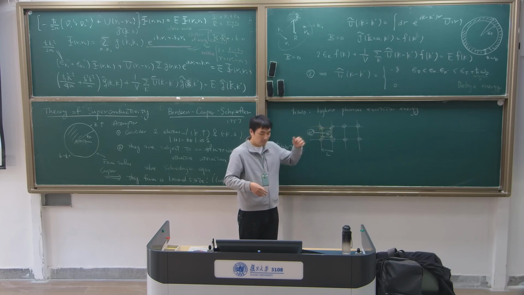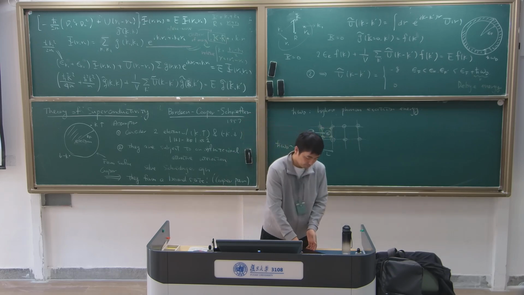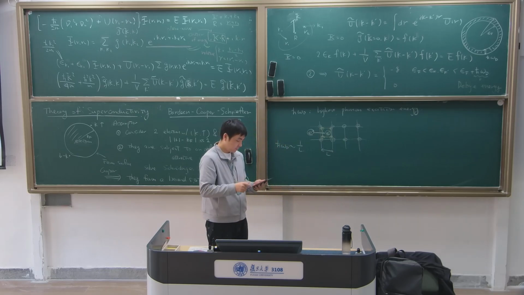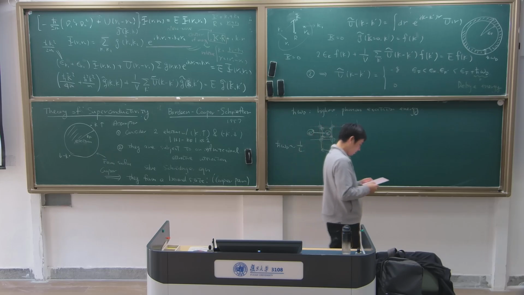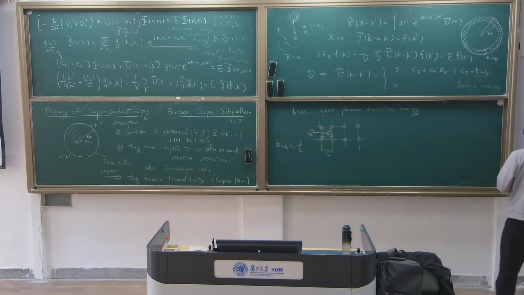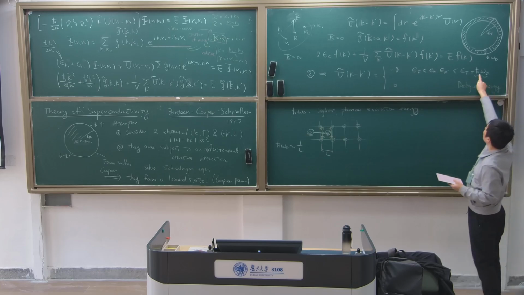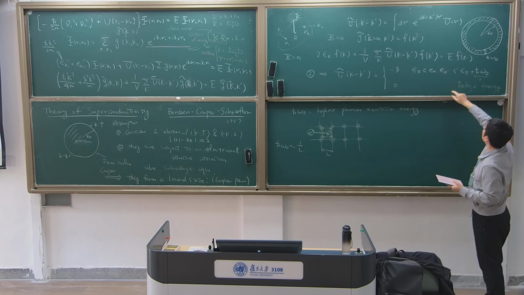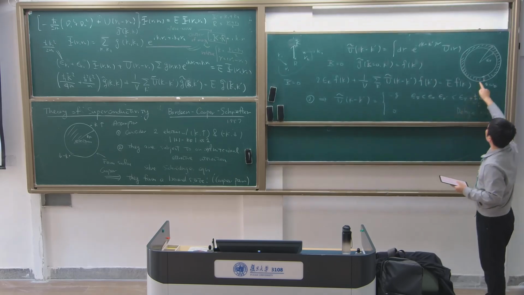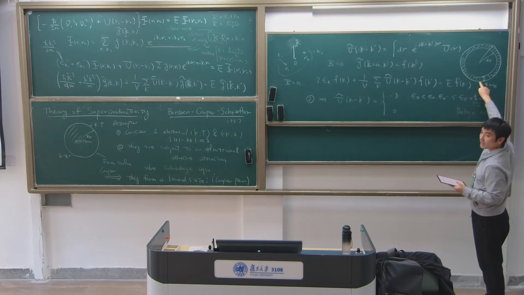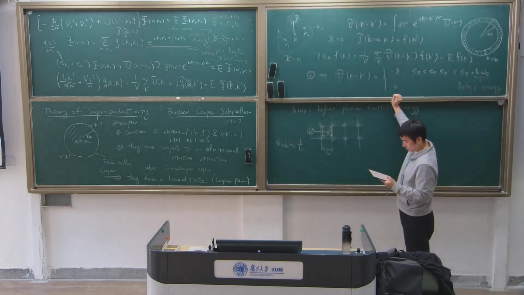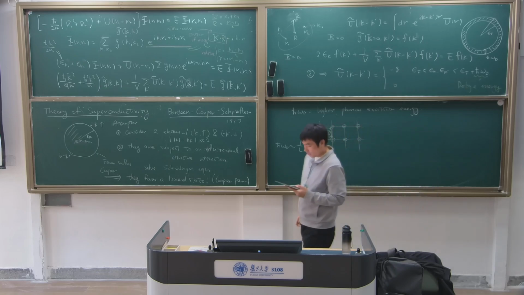So that's the Debye energy. And usually we think that K and K prime, we are interested in are between the Fermi surface and the Fermi surface plus the Debye energy. That's what we are doing.